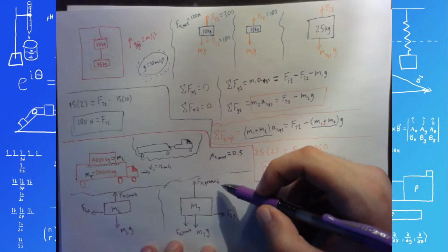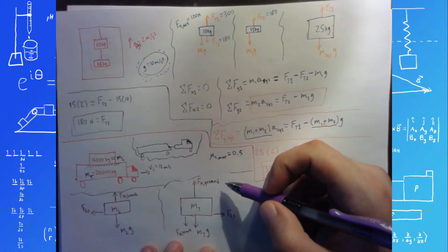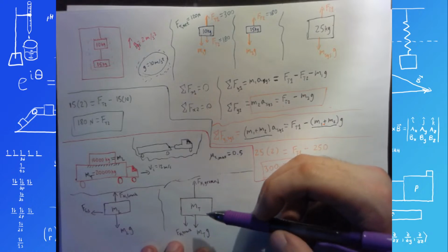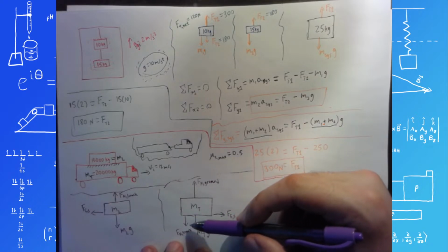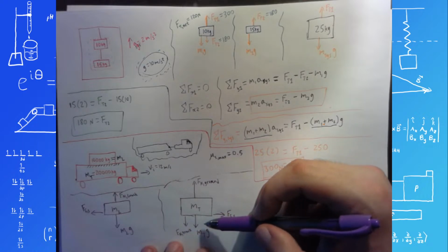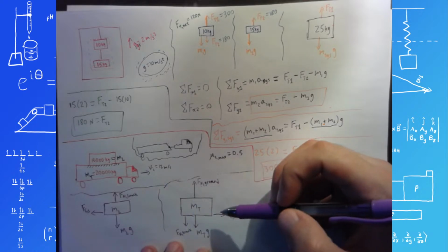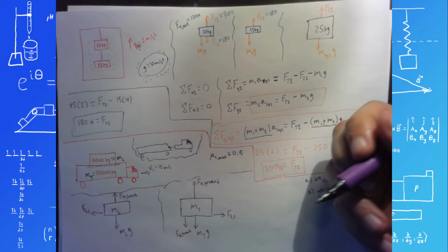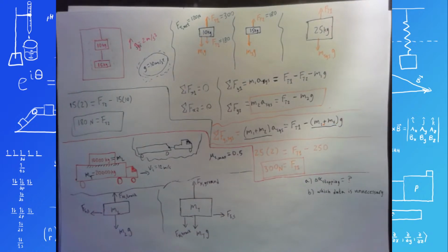Now back to this diagram. Was there anything else? Normal force down from the load. We drew gravity, normal force from the ground, friction from the truck. There's also going to be something that's causing it to decelerate.